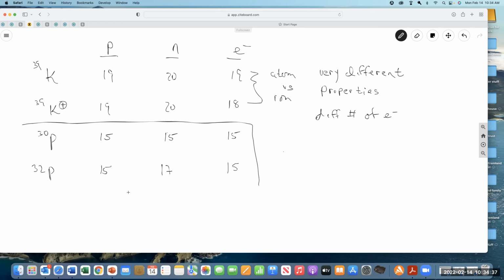Now these two are what are called isotopes. Isotopes are atoms of the same element with different masses.